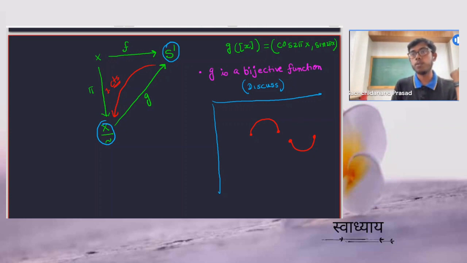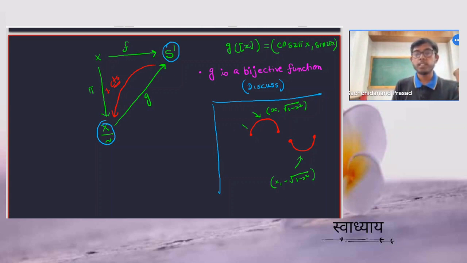This part of the circle I can write as x comma square root of 1 minus x square, and this part I can write as x comma minus square root of 1 minus x square. This is how we can write the circle.